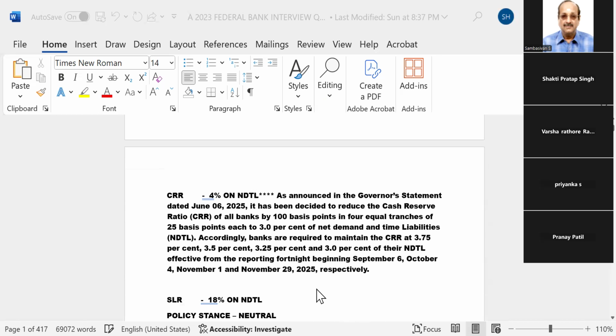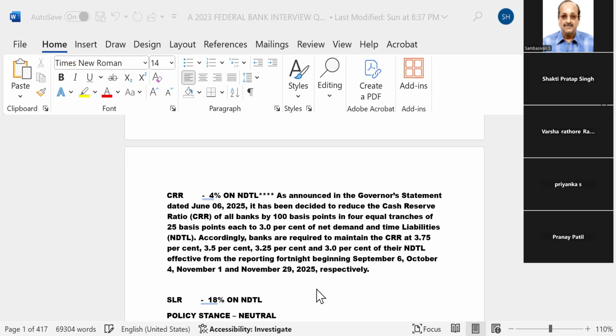Next, SLR is 18% of NDTL. It has to be maintained by banks in the form of cash, gold, or government securities. Now, the next question is why the Reserve Bank is insisting on CRR and SLR.